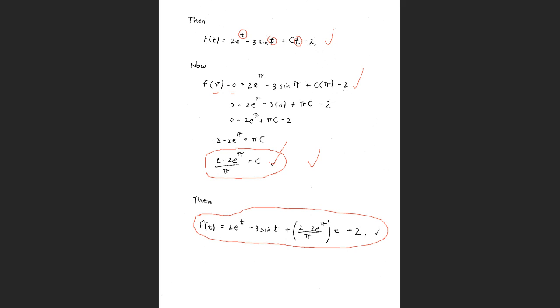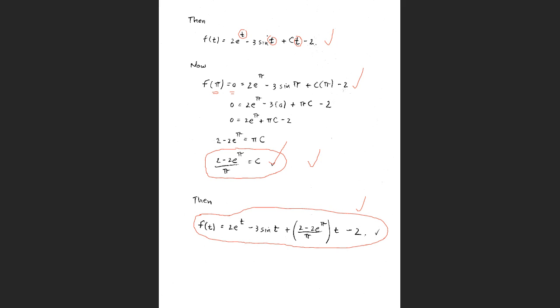Those are actually called, in this case, boundary conditions. But that's fine. But we were given two conditions. And f of t is equal to 2 times e to the t minus 3 times the sine of t plus the quantity 2 minus 2e to the pi power divided by pi times t minus 2.